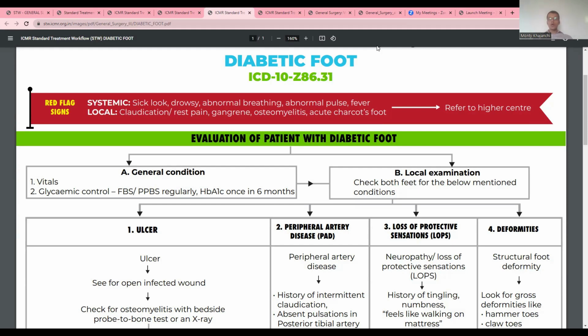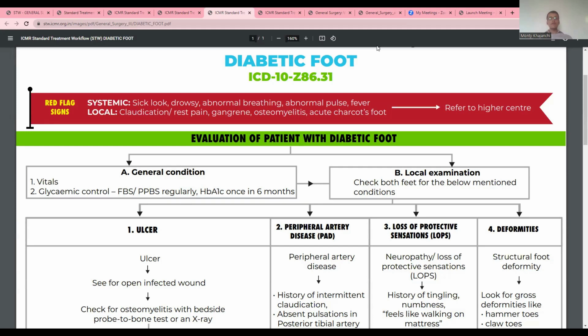So this whole division of local examination into an ulcer, whether it's infected or not, whether there's an underlying osteomyelitis or not, and when one has to refer these patients to a higher center, has been laid down here.